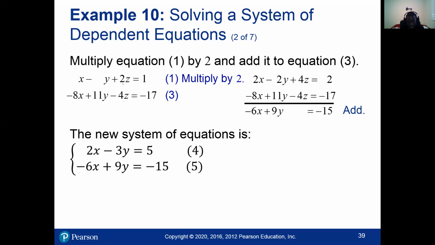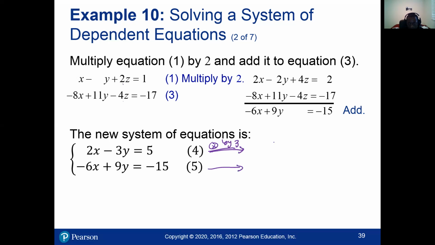Now as we try to solve that, how do we solve this? I look at equations 4 and 5. Let me multiply equation 4 by 3, and then maintain this equation.